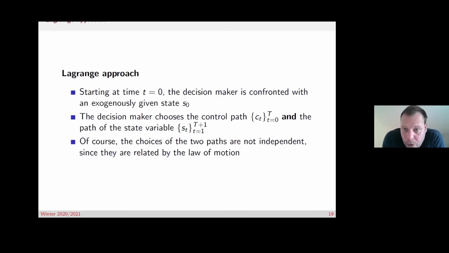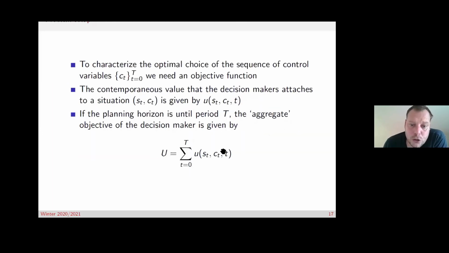Okay, so when we want to characterize the optimal path, one intuitive approach, a brute force approach, would be just to maximize this utility function by picking the optimal control plan and implicitly picking the optimal state variable plan, taking the restrictions that the decision maker has in every period directly into account.